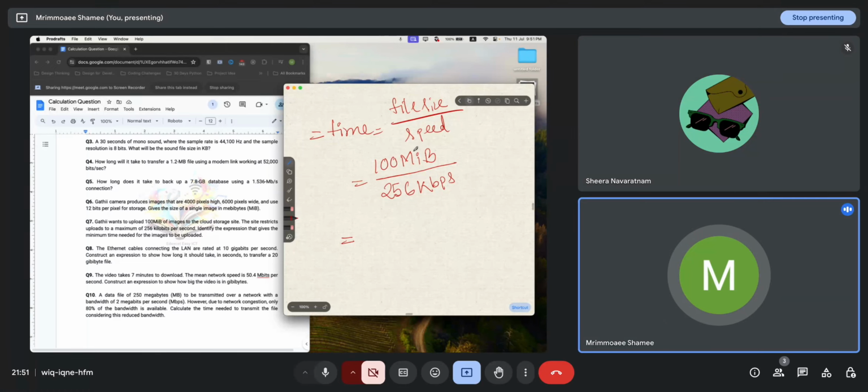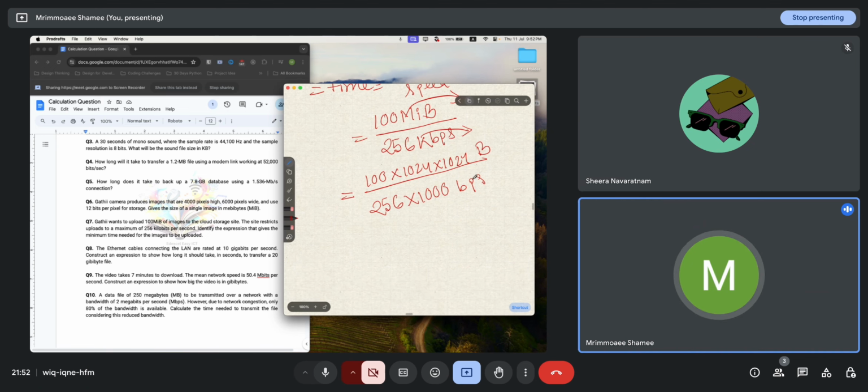So what I want to do, I just want to remove this megi. If I want to shift this megi, then what I have to do is into 1024 into 1024, but this one is byte, divided by this one is kilo, which means 10 to the power 3 or 1000. So 256 into 1000 bit per second, and this one is byte.